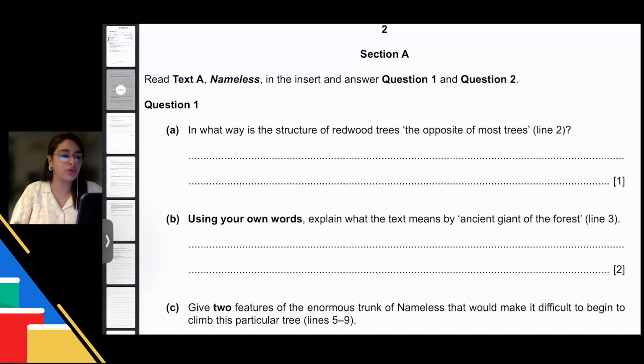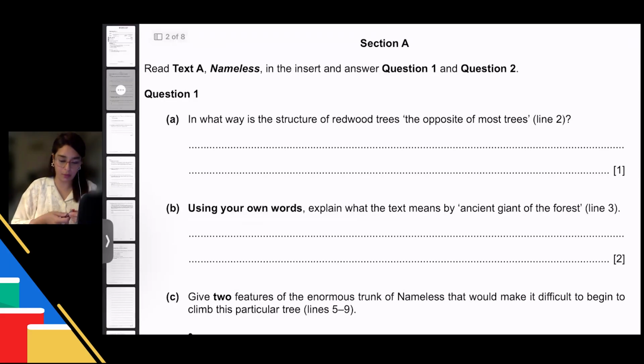For example, when we talk about command words, the first thing you should always do before you start your paper is read through the question paper and look out for those keywords that help you identify exactly what the question looks for.